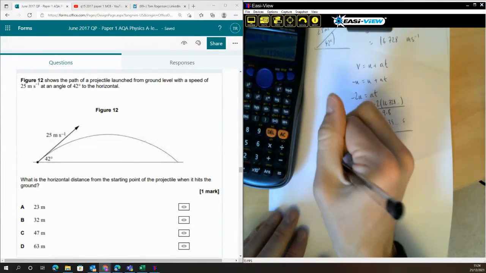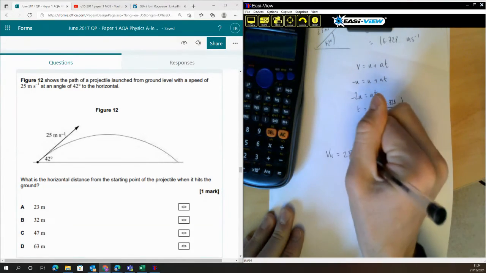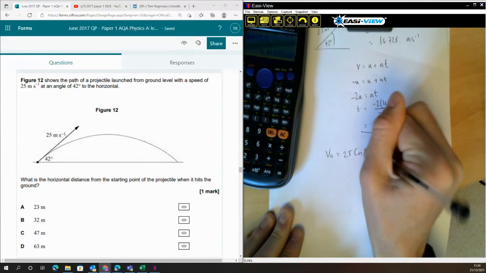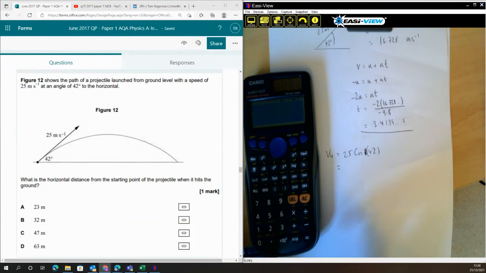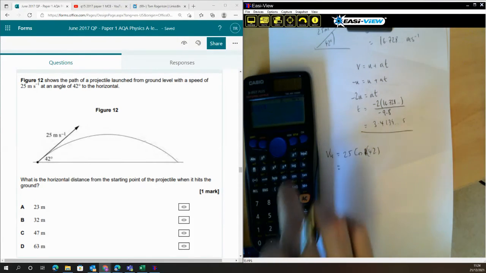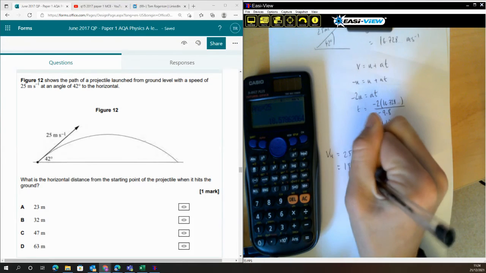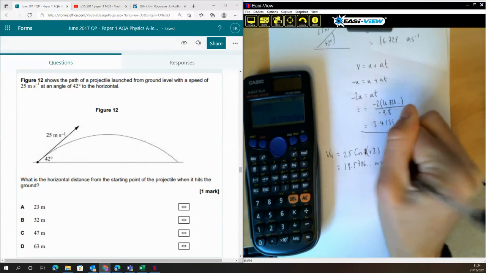Then the horizontal motion, v horizontal, is 25 cosine 42. This will be similar because 42 degrees is near to 45. So the cosine of 42 times 25 gives me 18.5786, etc. meters per second.